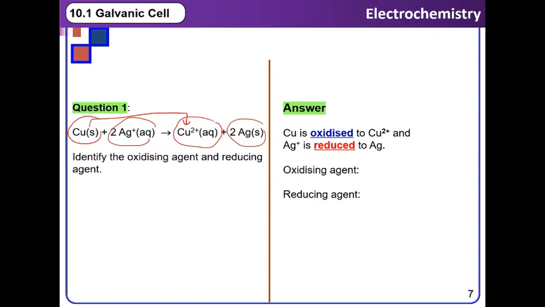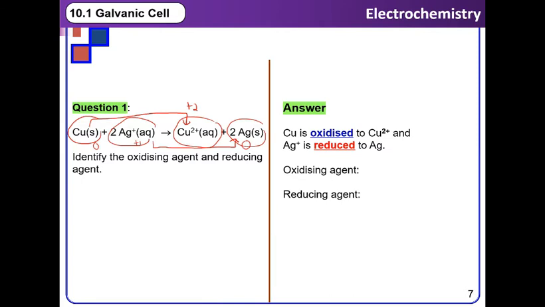And the oxidation number for copper 2 plus is positive 2. So increasing oxidation number. So copper undergoes oxidation. Okay, copper undergoes oxidation while silver ion from positive 1 turn to 0. So silver ion undergoes reduction. So copper is oxidized to copper 2 plus and silver ion is reduced to silver atom.